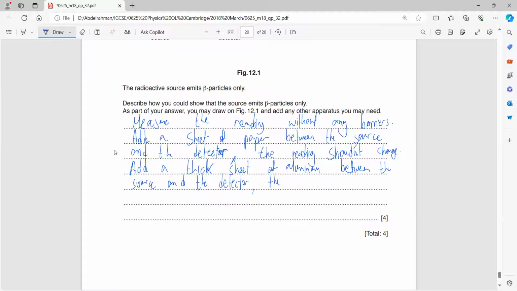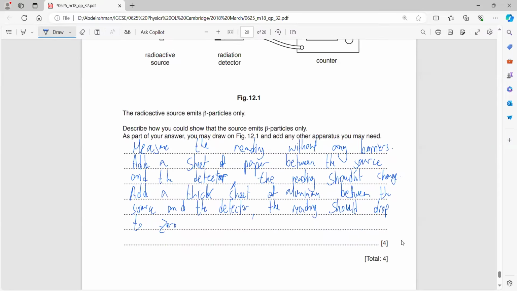In this case, the reading should drop to 0. Why? Because beta particles are stopped by thick sheets of aluminum. That's it.